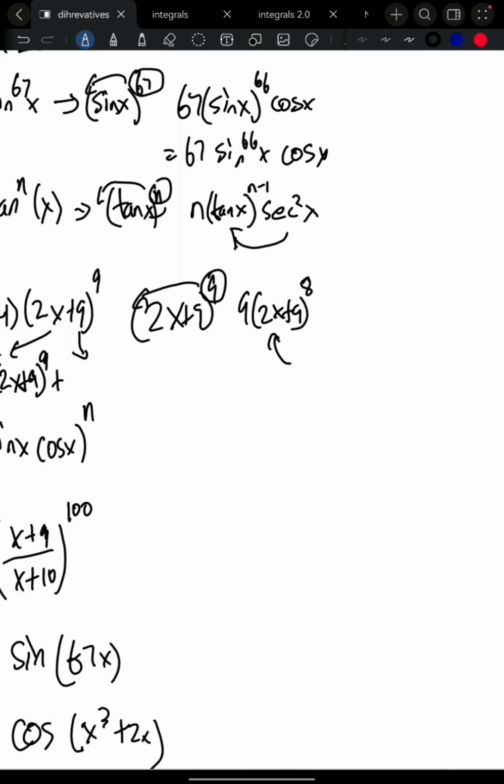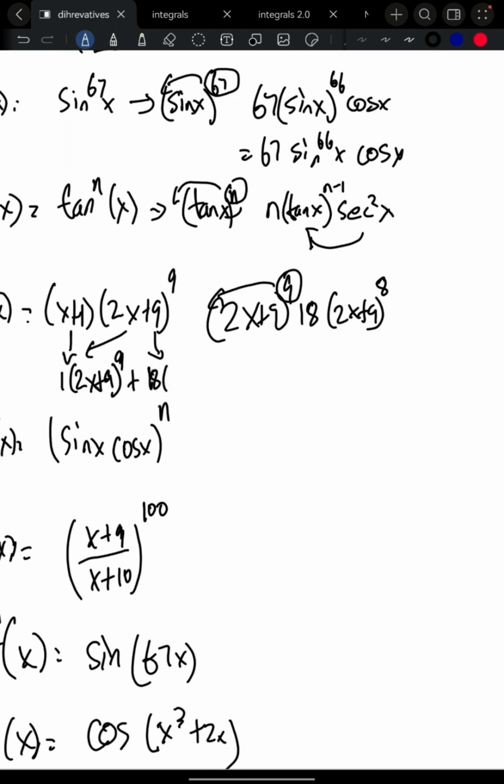What's the derivative of 2x plus 9? That's just 2, right? So 9 times 2 is just 18. So this is just 18x times 2x plus 9 to the power of 8, plus 2x plus 9 to the power of 9. Don't forget, you have to multiply by this.